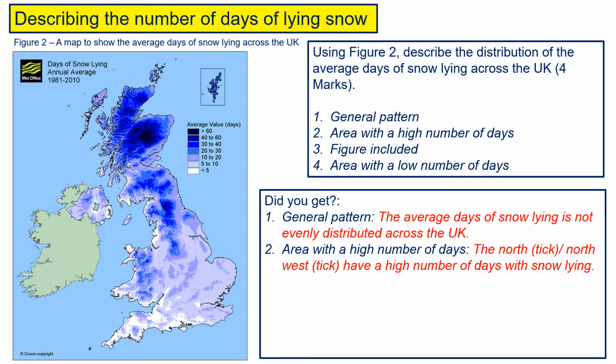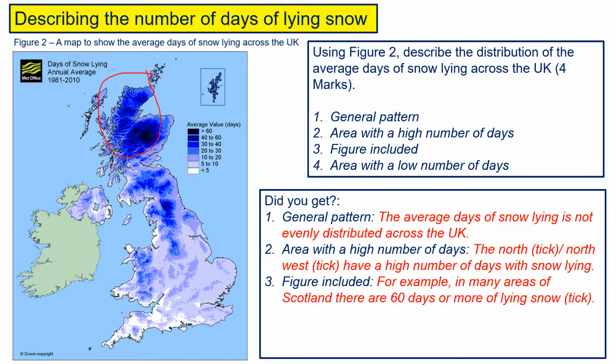As you can see up here, the north of Scotland is the bluest, therefore it has snow laying across it the longest. For example, in many areas of Scotland, there are around 60 days or more. So you've used the data from the darkest blue there on the key.